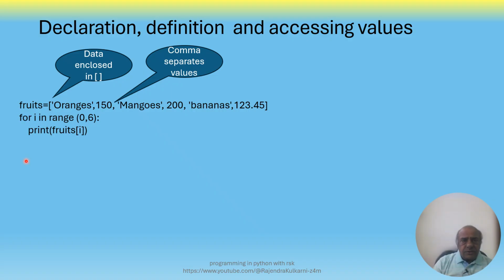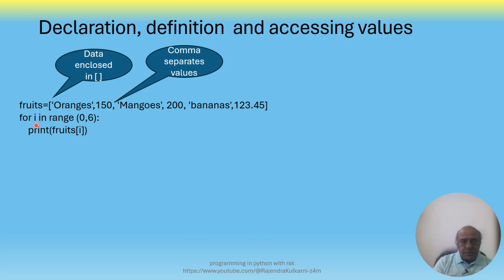We can access a list using a for loop or a few other methods that we will see later on. In this case, for i in range 0 to 6, print fruits[i].